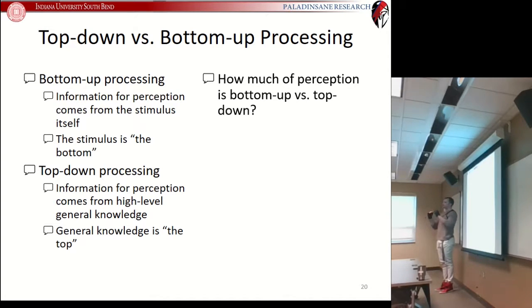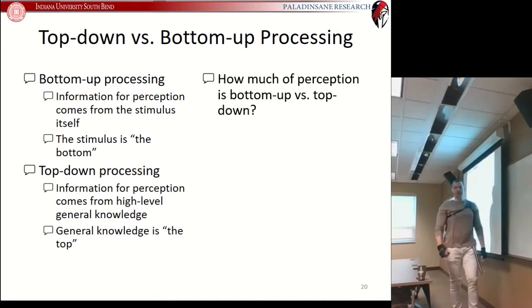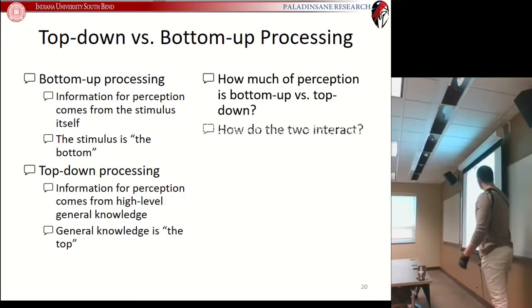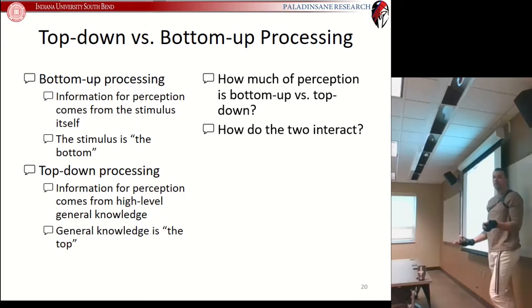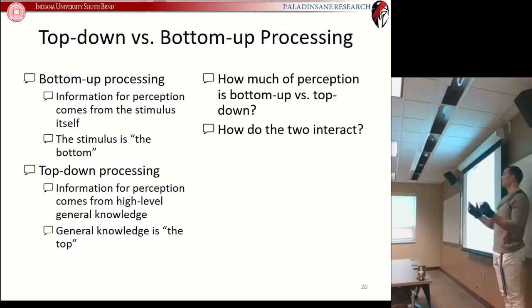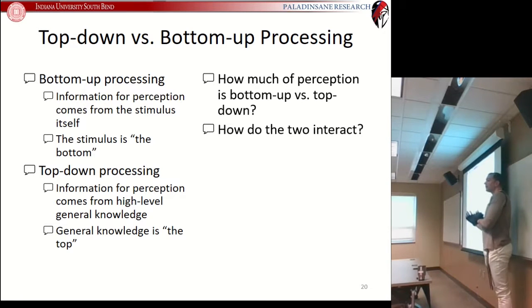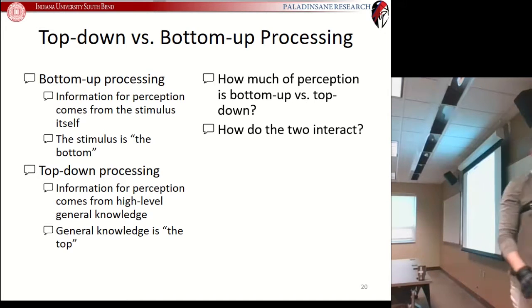Which one carries the weight of actually producing an experience? How much of perception is top-down or bottom-up? And how do these two things interact? Is it mostly top-down, where there's very little input from the stimulus and everything is ambiguous, and without some sort of knowledge that you can take from the world, you would never be able to perceive anything?